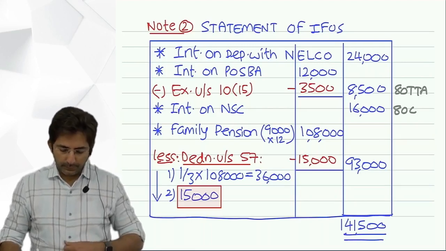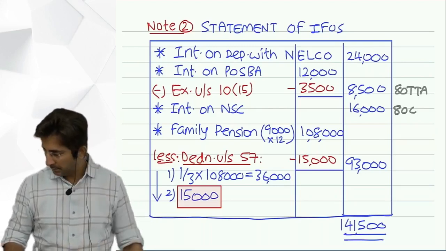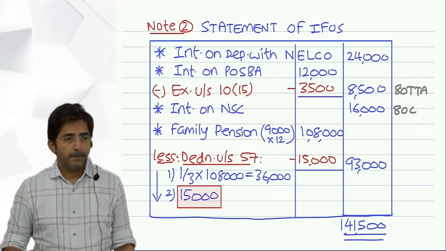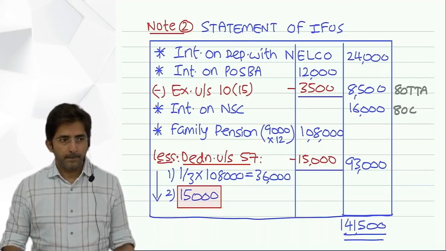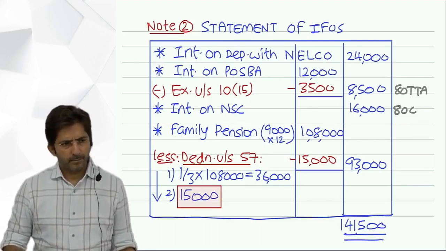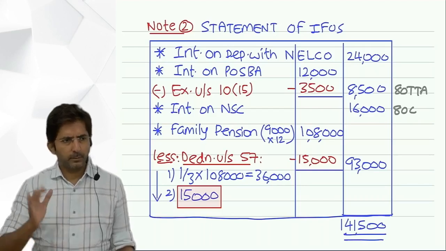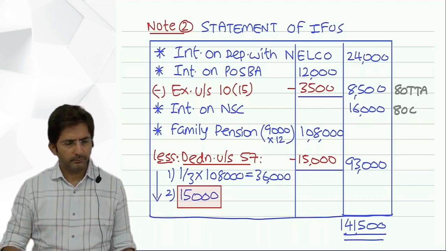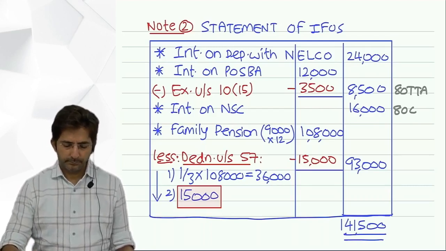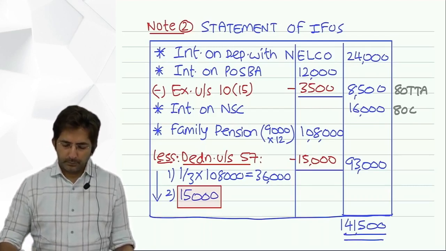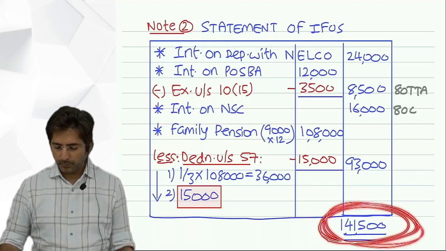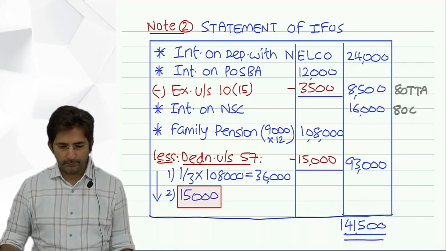One third or 15,000, whichever is less. Vehicle is a broad term. So the total of income from other sources is 141,500.